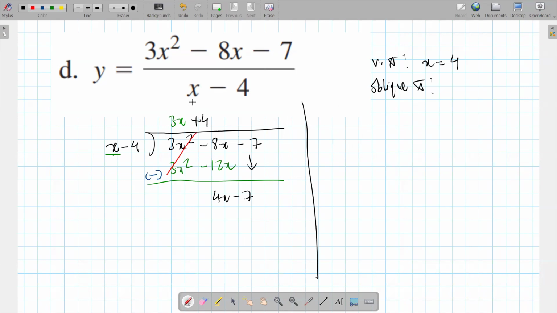Synthetic division: you set the denominator equal to 0, you'll get a 4. You pull that outside. Inside, you put up the coefficients: 3, negative 8, negative 7. And if there's any x missing, you would put that as a 0. In a synthetic division, this number here always comes down as it is. What goes here?